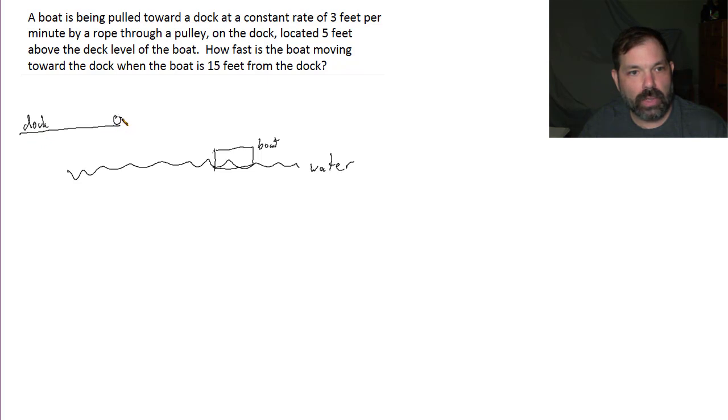The rope is being pulled through this pulley that's attached to the deck level of the boat. And that distance is 5 feet. So, now that you have that understanding, try and solve the problem.